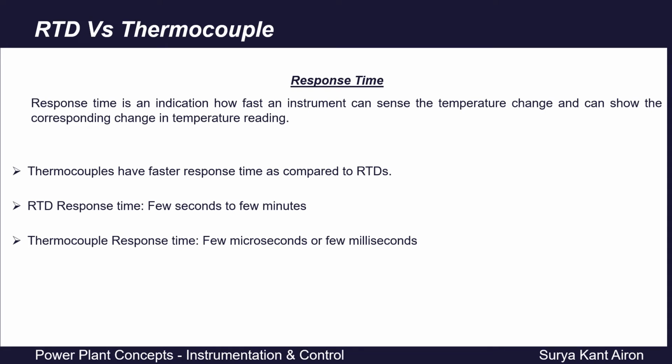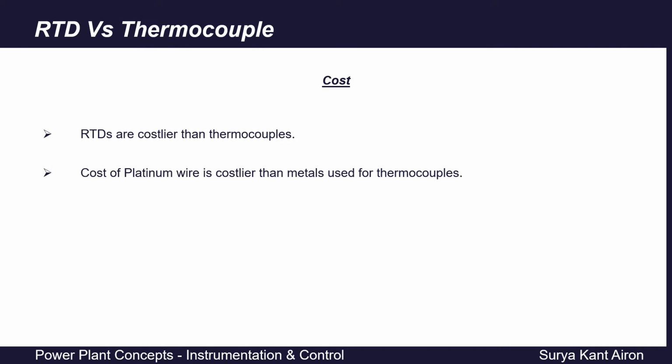RTDs may have a response time from a few seconds to a few minutes, whereas thermocouples have a much faster response as compared to RTDs. Thermocouples have a response time in microseconds or even up to milliseconds. So in terms of response time, thermocouples are much faster than RTDs.